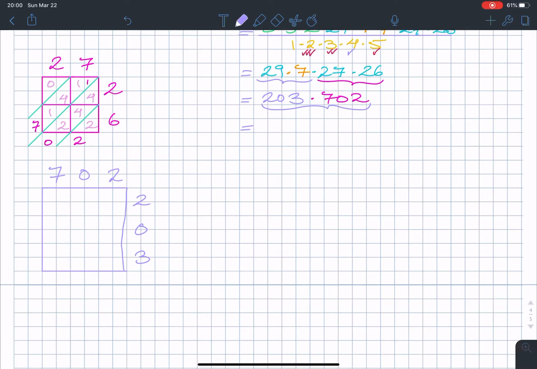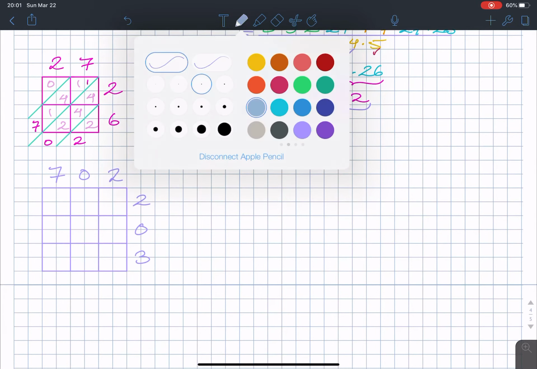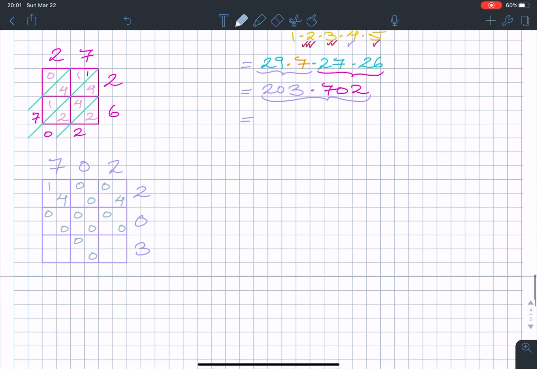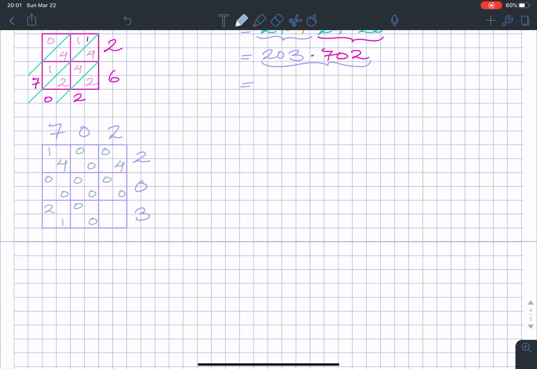At least there's lots of zeros in this one. Okay, so 7 times 2 is 14. 0 times anything is 0. 2 times 2 is 4. This whole row is going to be 0, thank goodness, as is this whole column. Okay, so 3 times 7 is 21. 2 times 3 is 6.